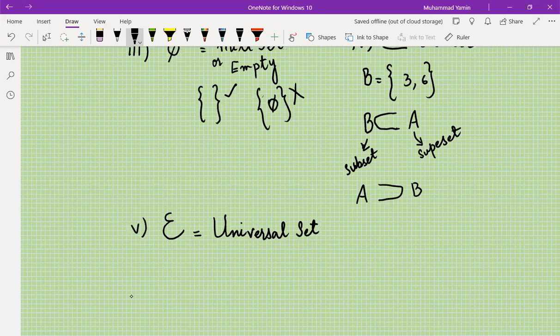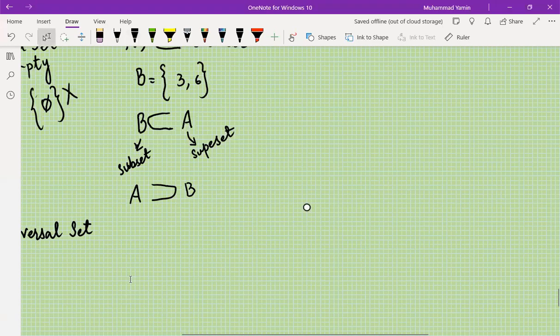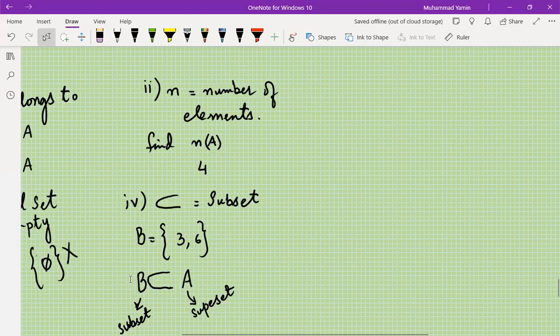Universal set is a part of every question, and it is said to be the biggest set of the question. It is always given in the beginning of the question. All the other sets should be subsets of the universal set. For example, suppose we take a question here in this way.